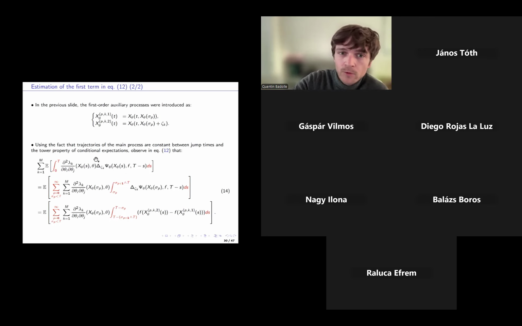Then we need two observations: the trajectories of the main process X are constant between jump times, and the tower property of conditional expectations, to move from this expression to this expression. The important observation here is that this term doesn't require knowledge of the expected output, so you can evaluate this purely based on simulations.